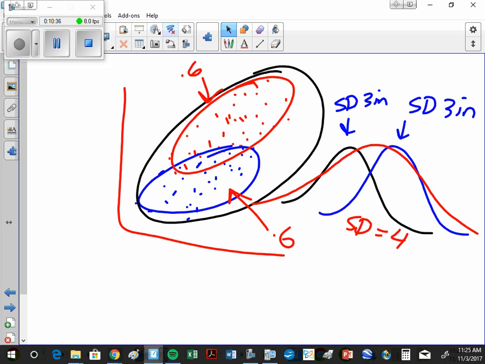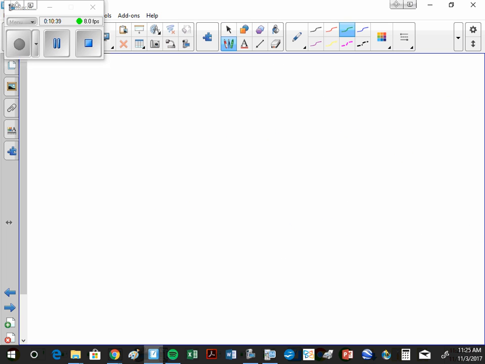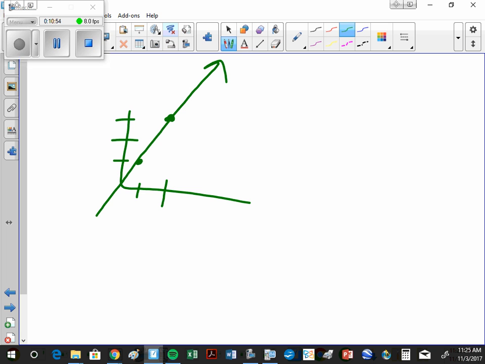So let me graph this and show you. So 1, 1, and then 2, 3, right? Okay. So if I want a correlation of 1, it has to be on that line. What's the slope? Up 2 over 1. So up 2 over 1, up 2 over 1. So 3, this would be 3 comma 5, right?